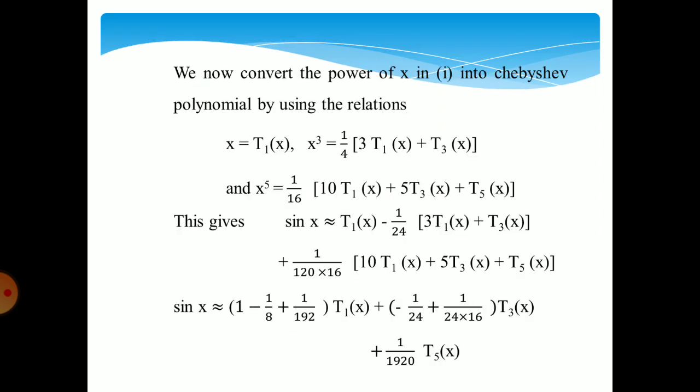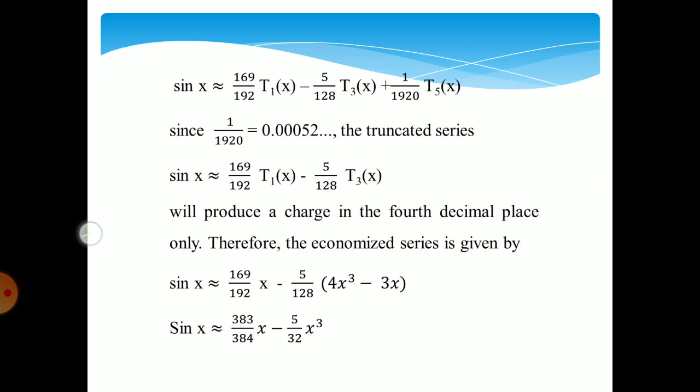You will get sin x is 169 upon 192 t1x minus 5 upon 128 t3x plus 1 upon 1920 t5x.